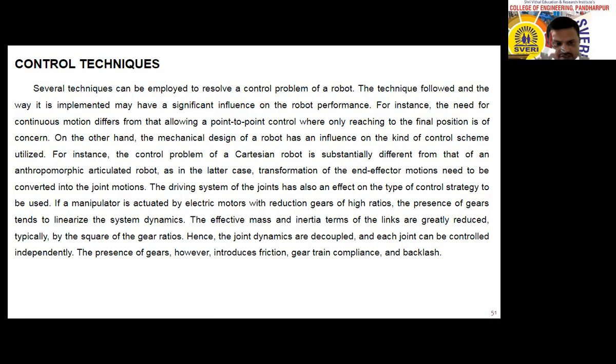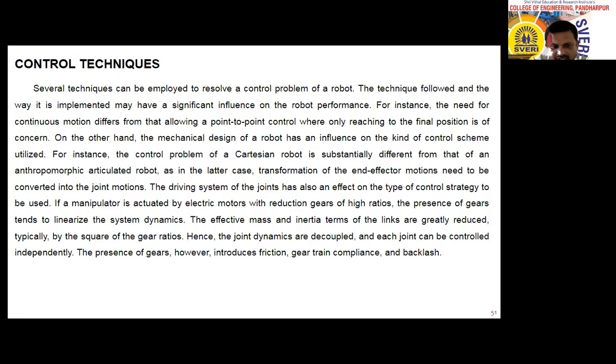For instance, the control problem of a Cartesian robot is substantially different from that of an anthropomorphic articulated robot, as in the latter case, transformation of the end effector motions needs to be converted into the joint motions. The driving system of the joints also has an effect on the type of control strategy to be used.